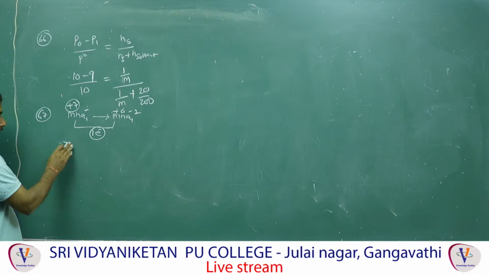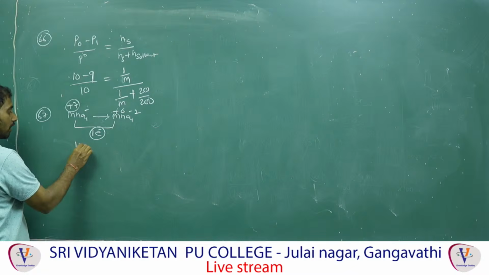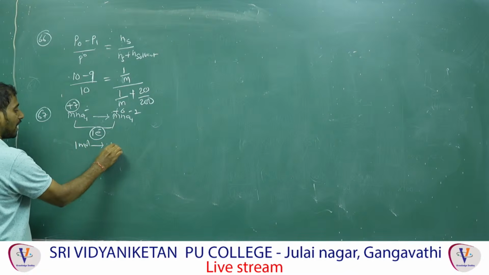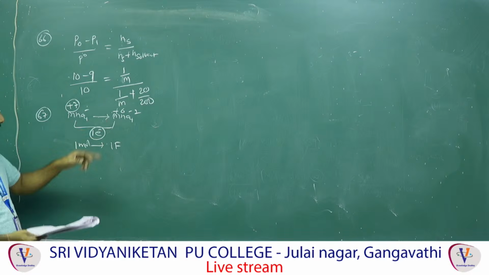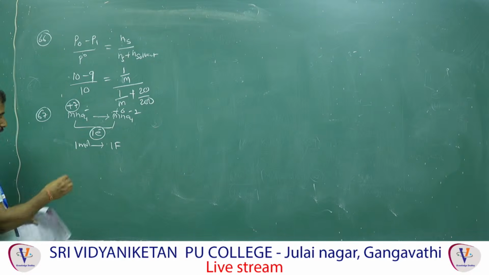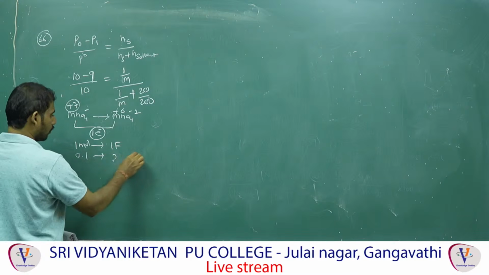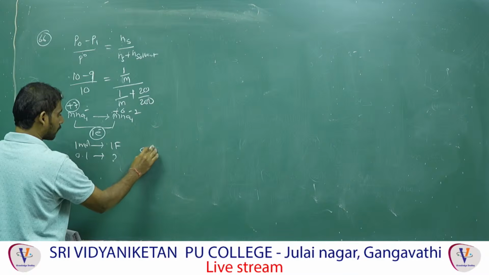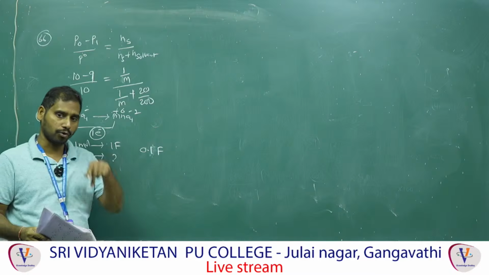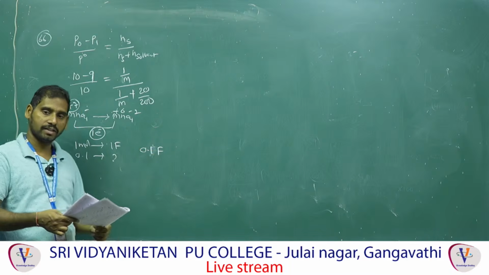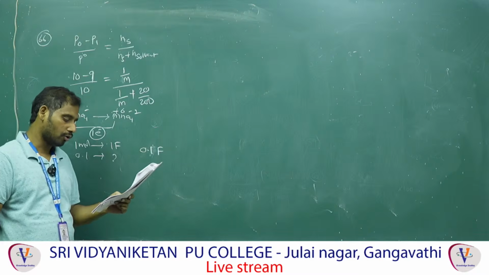In electrochemistry, the charge of 1 mole of electrons is equal to 1 Faraday. Here how many moles are given? 0.1 mole, that means 0.1 Faraday. 1 Faraday is equal to 96,500 coulomb. 0.1 into 96,500, then you will get the option 9650 coulombs.